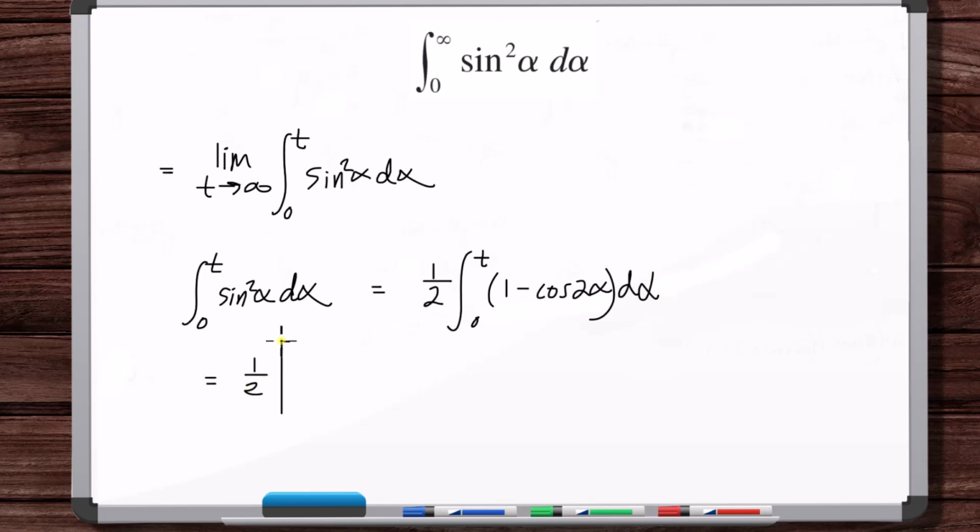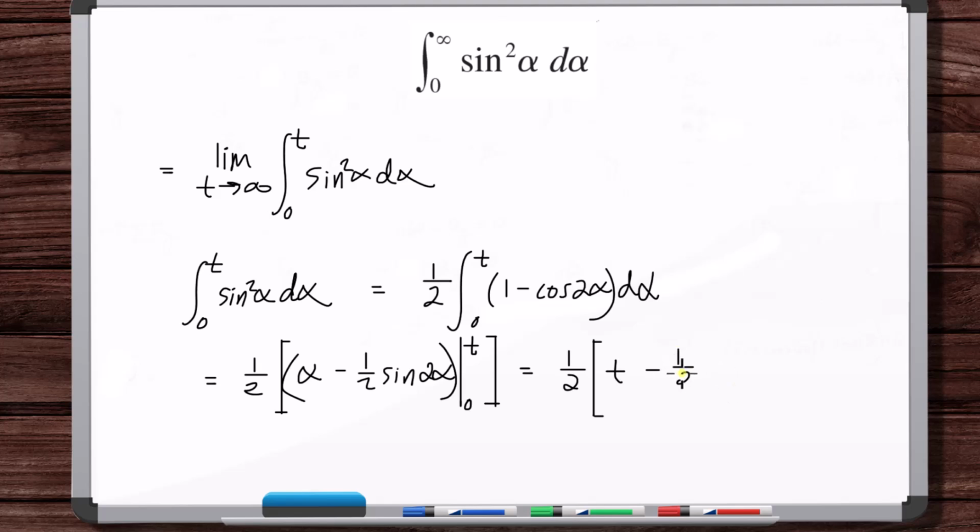So we've got alpha minus 1/2 sine of 2 alpha evaluated from 0 to t. Sine of 2 times 0, so sine of 0, is 0. So all we have is 1/2 t minus 1/4 sine of 2t.